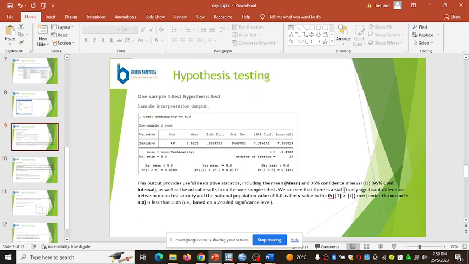We can see that there is a statistically significant difference between the test anxiety and the national population value of 8, because our p-value is less than 0.05.